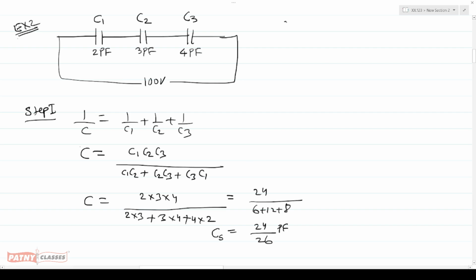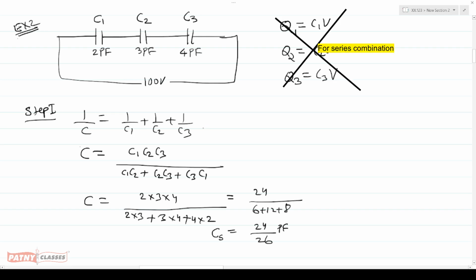Now the formula for the charge is C1 into V, that is the charge on the first capacitor, C2 into V on the second capacitor, and C3 into V on the third capacitor. Since they are connected in series combination, the charge on every capacitor is the same, it is not different. Therefore, to find the charge on every capacitor, we cannot use this formula, but we have to use the equivalent capacitance, that is CS.